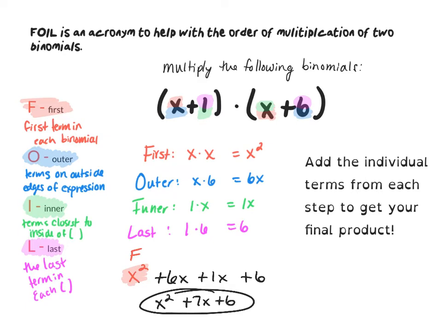Then we see that the 6x came from our outside term. We see that the 1x that contributed came from the inside terms being multiplied together. And then finally, that 6 at the end was a product from the last terms. So the FOIL method will help us multiply two binomials together.